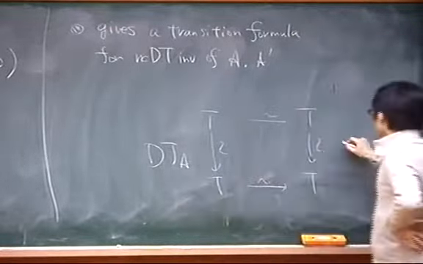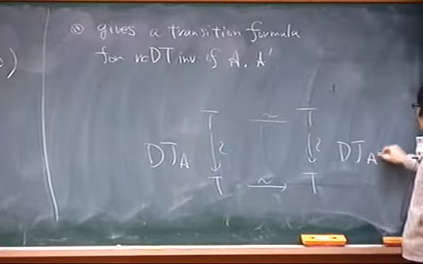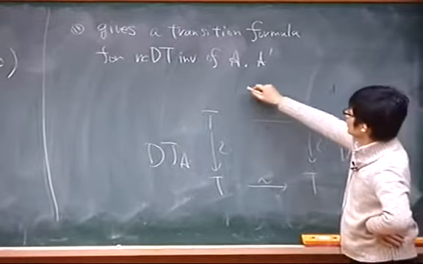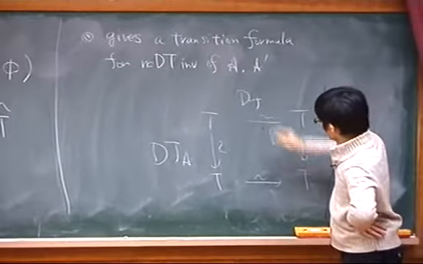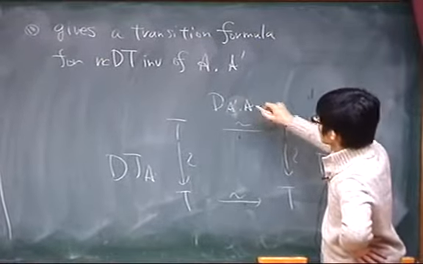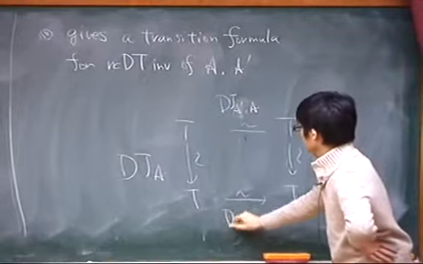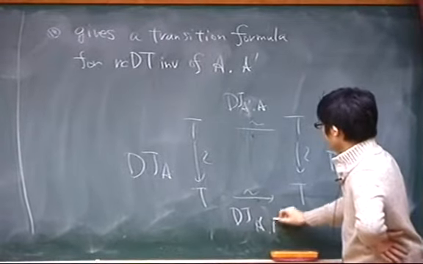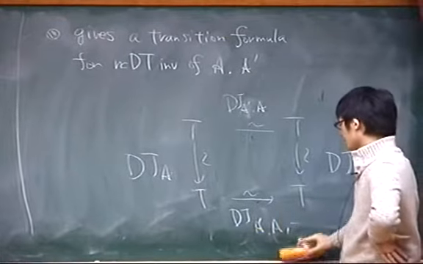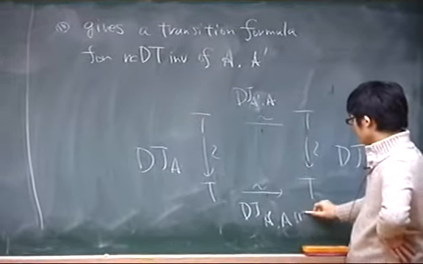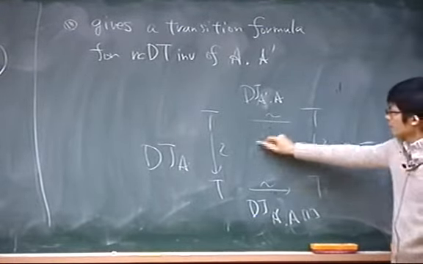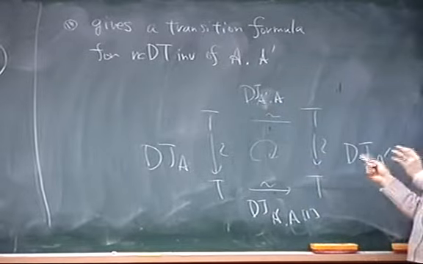And this is for A prime. And here we have DT A prime A. Actually we have plus and minus. Later I will explain what this means, but roughly speaking, we have such a commutative diagram.